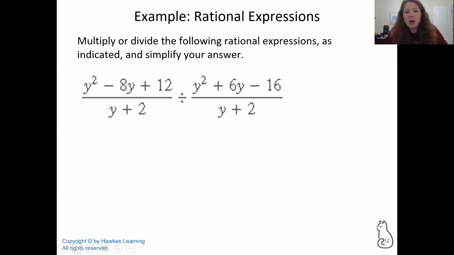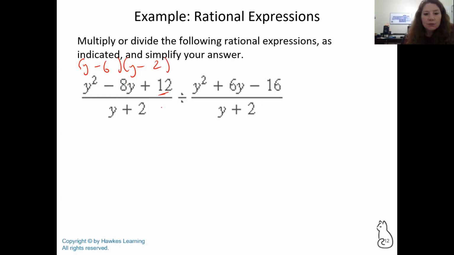All right, so now we are dividing. So we're going to keep it, change it, flip it. So the first thing I'm going to think of, right up here, I'm going to factor this quadratic. I'm going to think of two numbers that multiply to give me 12 and add to give me 8. So that would be -6 and -2.